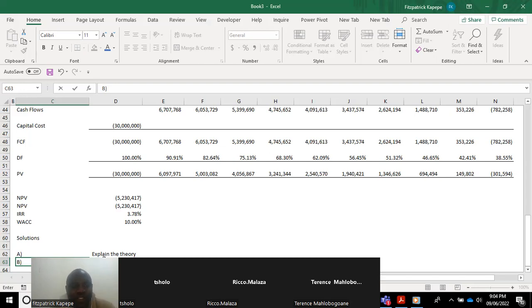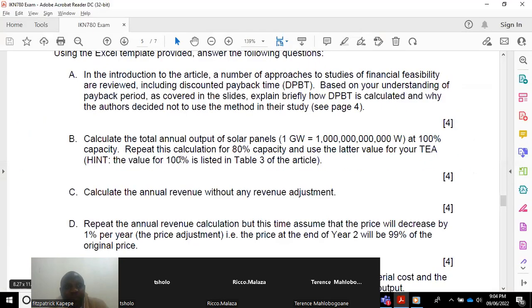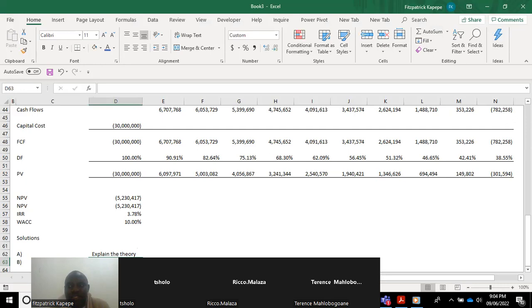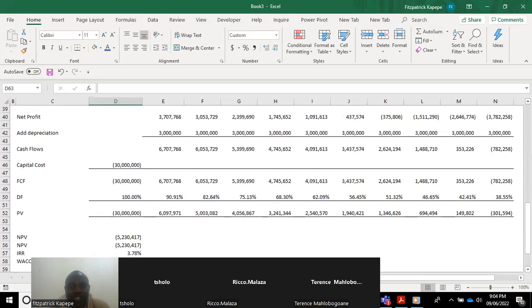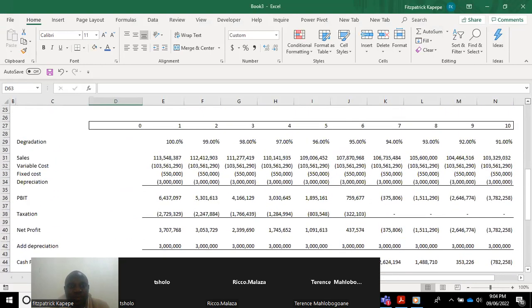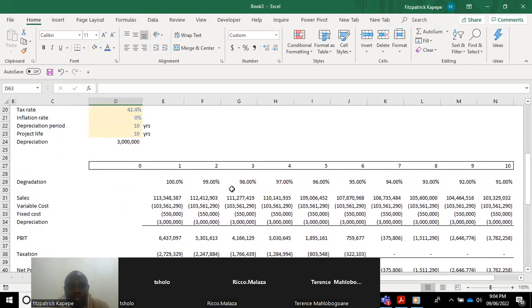So you explain the theory, you go to B, calculate the total annual output of solar at 100%. Remember I'd shown you what you do at 100%.